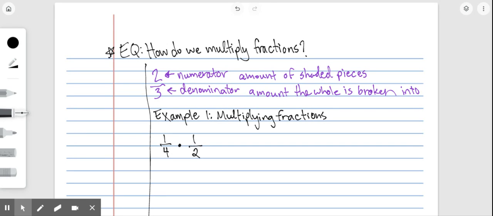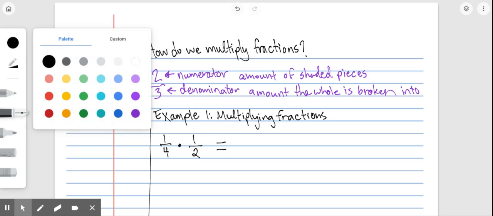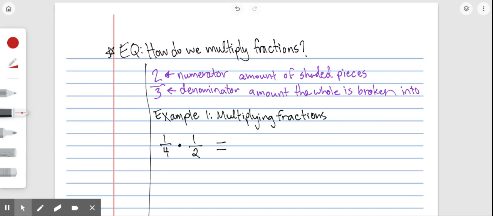So we're going to do some multiplication straight across. When you multiply fractions, you just multiply straight across. So I'm going to make a little note in the corner. Multiplying fractions with the numerator to numerator and the denominator to denominator.